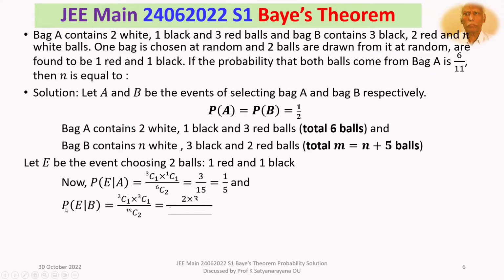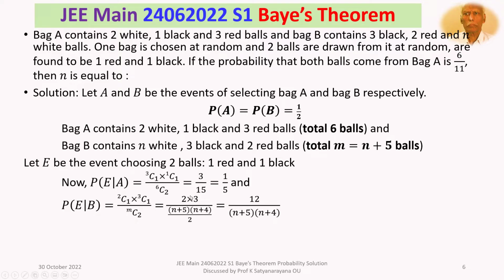In a similar fashion, probability of E given B is equal to: in B we have 3 black balls, so you choose 3C1, and 2 red balls, 2C1, multiplied, and the total is n plus 3 plus 2, n plus 5, which we have called m, MC2.